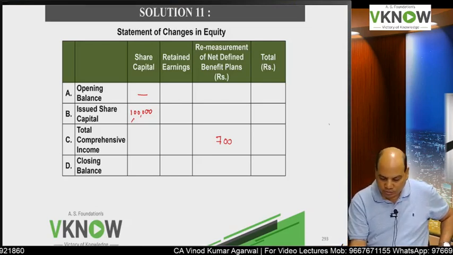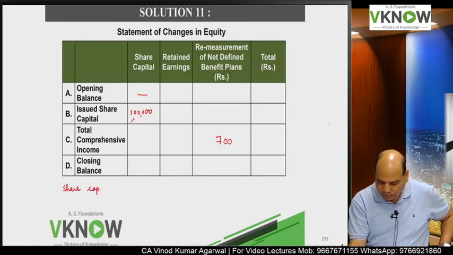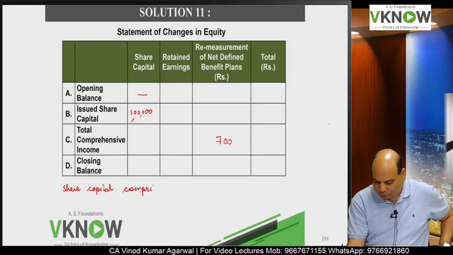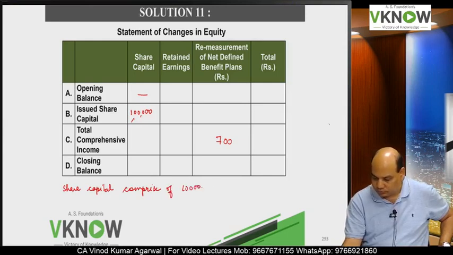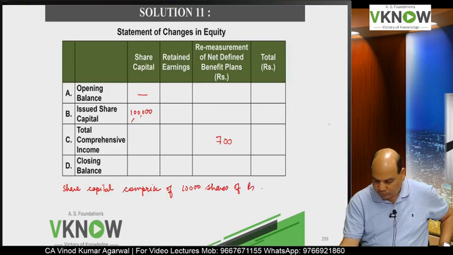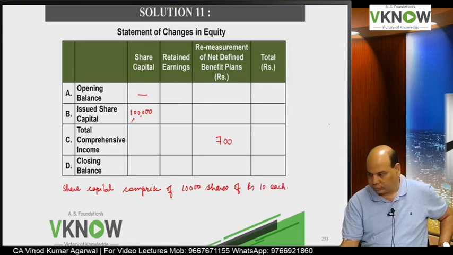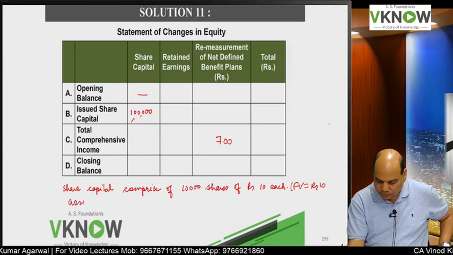Assume 10 rupees. So you write down share capital comprise of 10,000 shares of rupees 10 each. Face value equal to rupees 10 assumed.